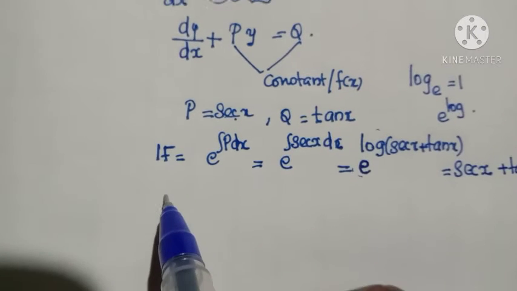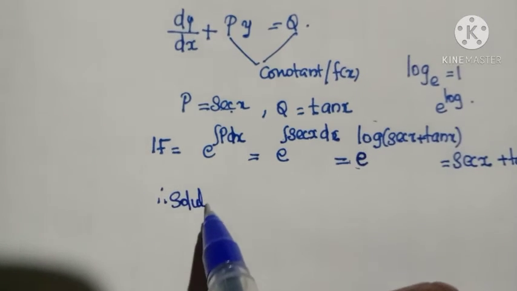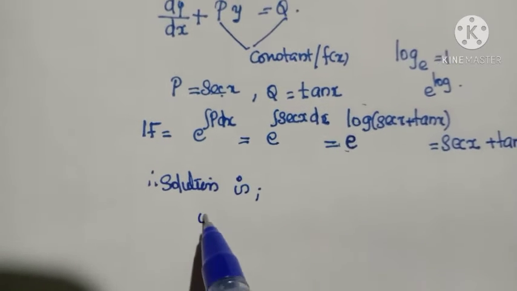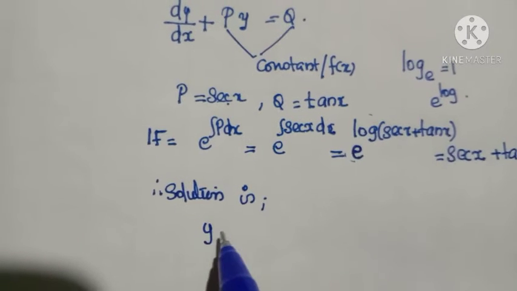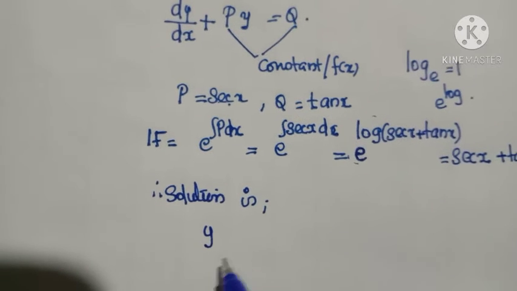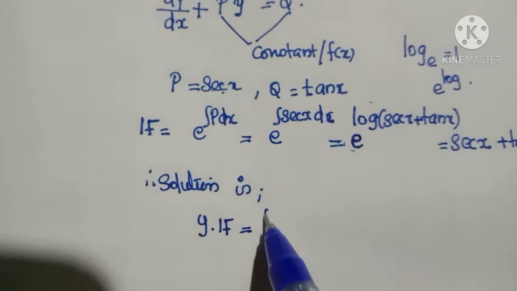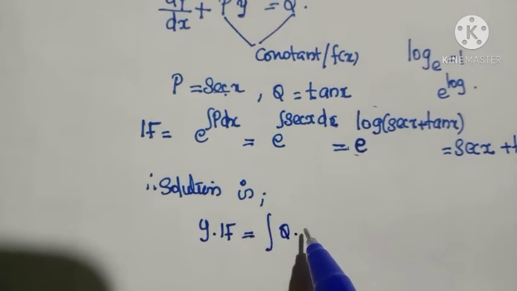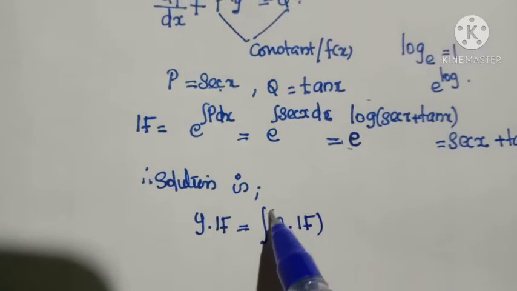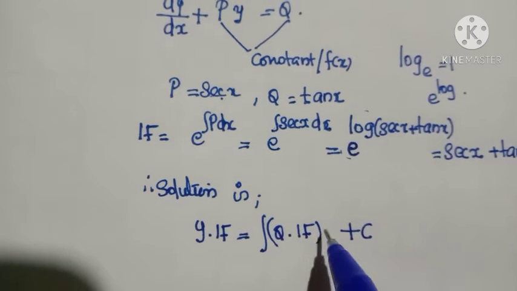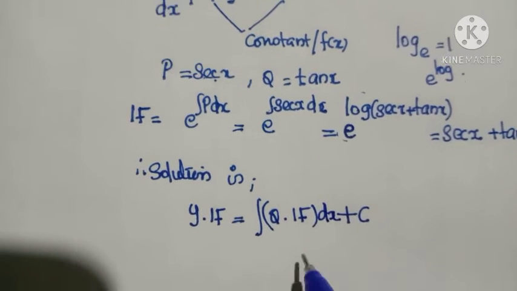Now write the solution. Therefore solution is obtained by y. See, there is a format to obtain the solution. What is it? y into integrating factor is equal to integral of q into integrating factor plus c. Here integrate this expression with respect to x.